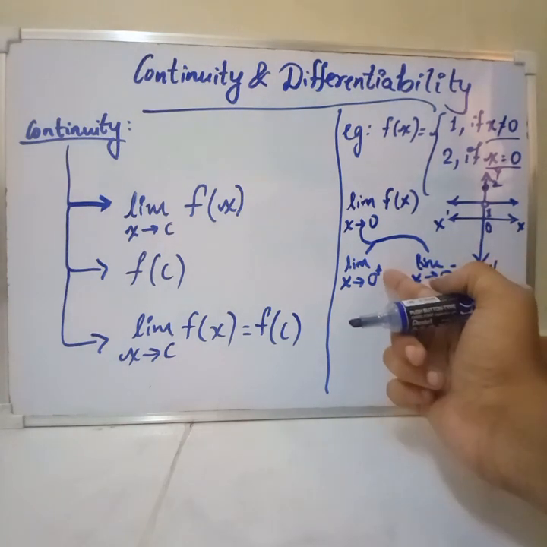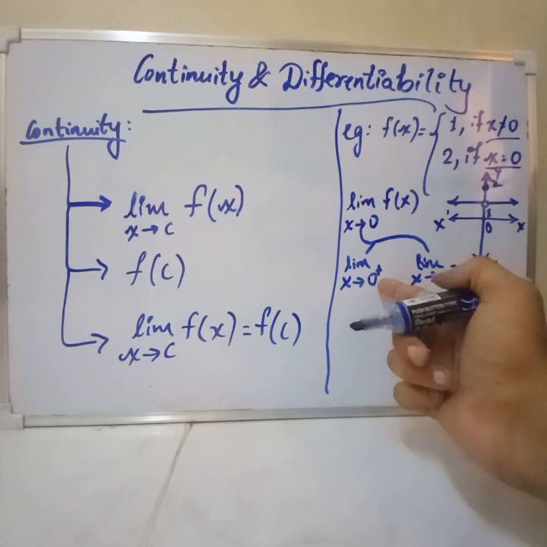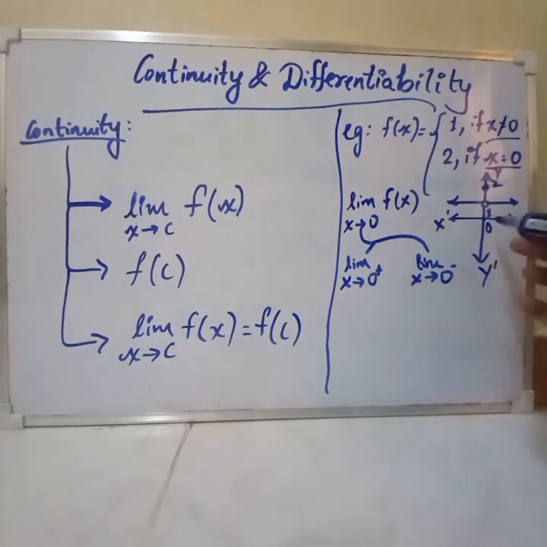So 0 plus means x will be a little bit greater than 0. Like let's take an example like 0.1 or 0.01. It is close to 0 but not 0.